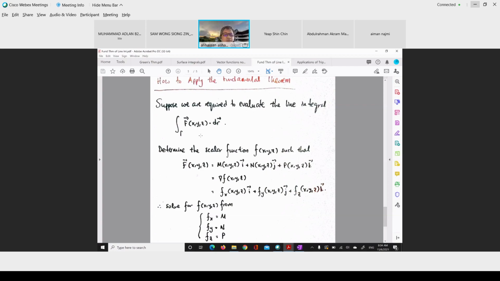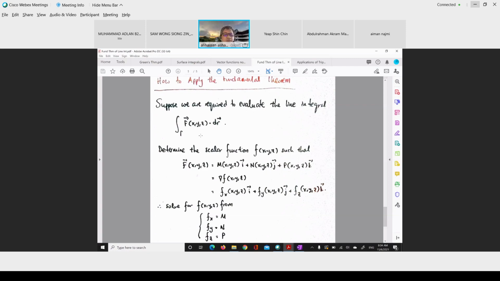So if F is conservative, that means it satisfies these equations.